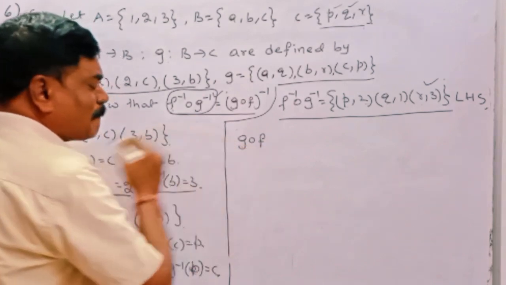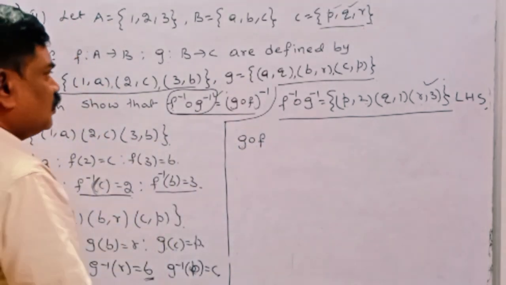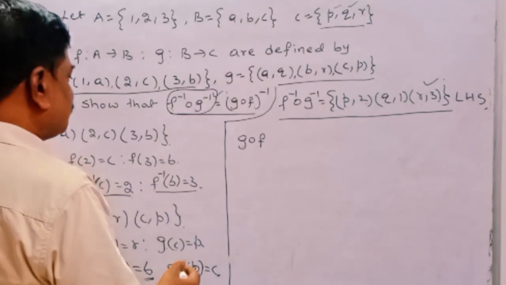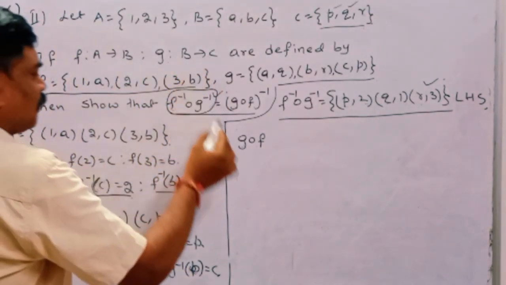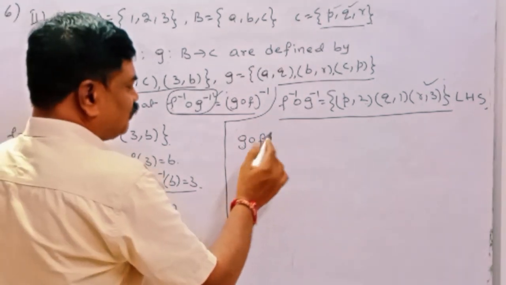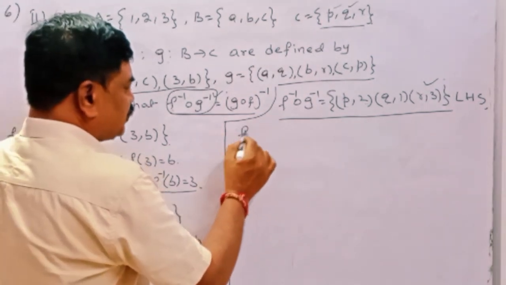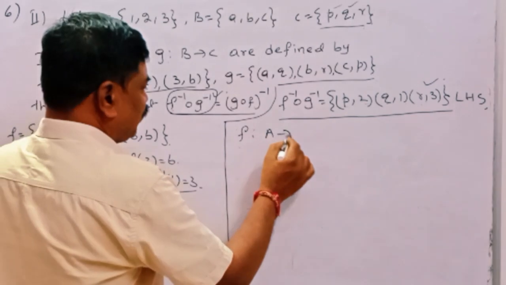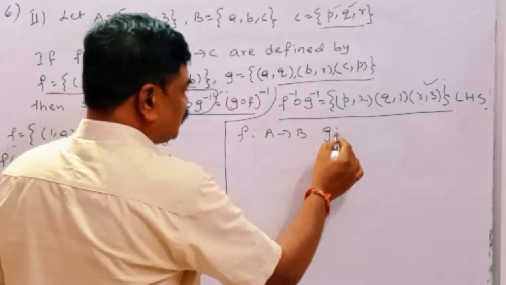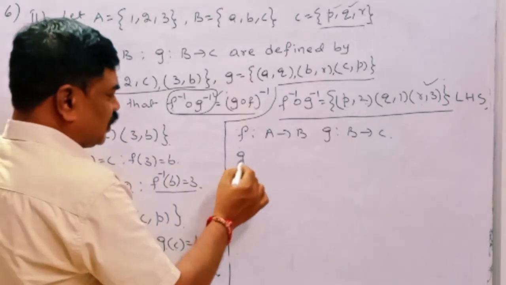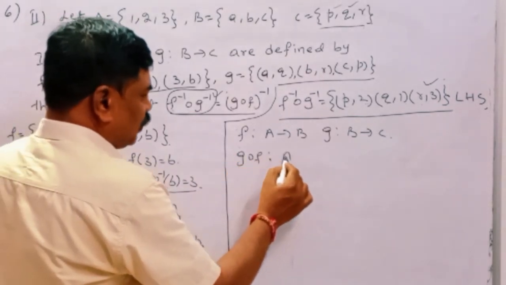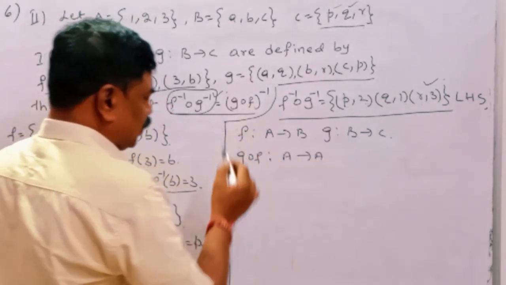First you find G circle F. F is the mapping from A to B, G is the mapping from B to C. Then G circle F is a mapping from A to C.